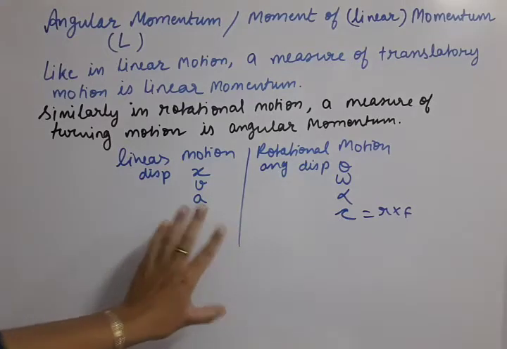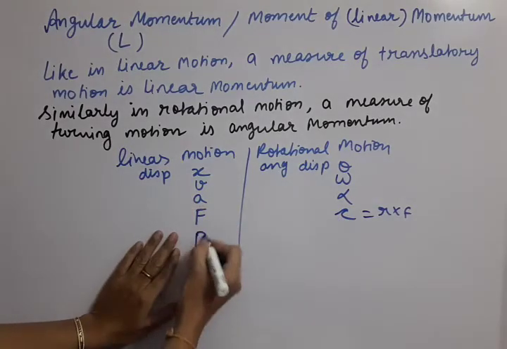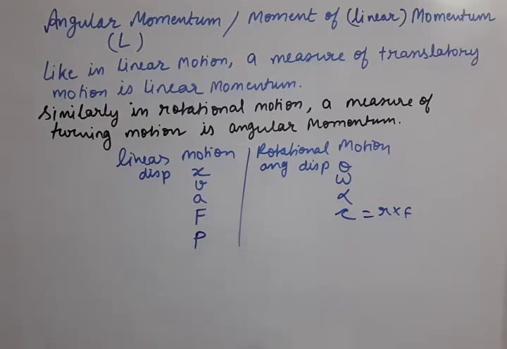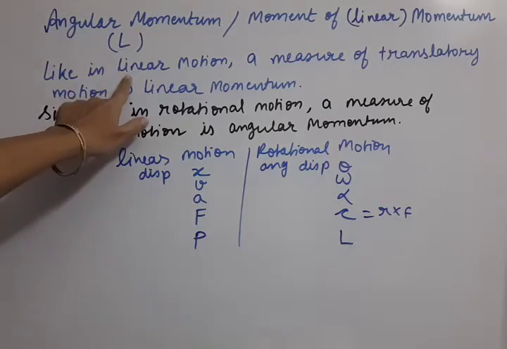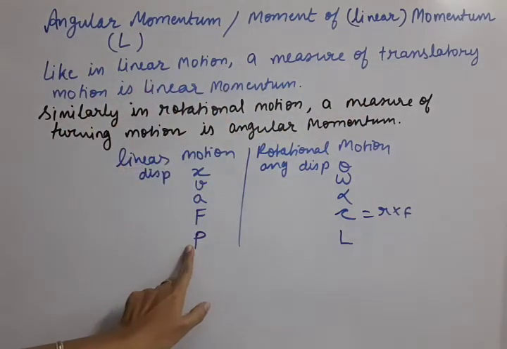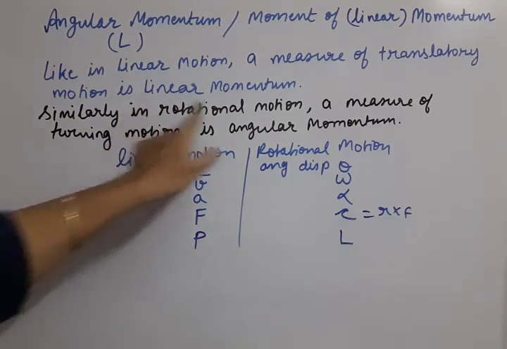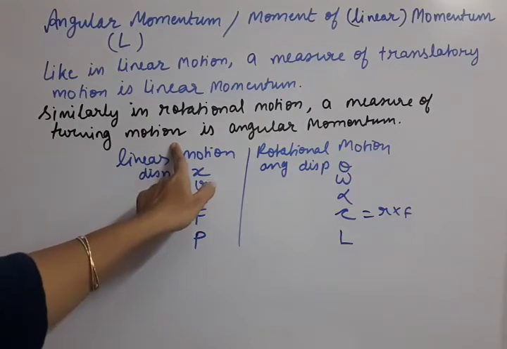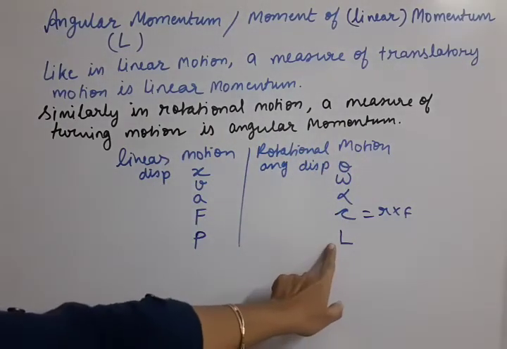In the same manner, momentum is denoted by P and we call it linear momentum, so here the new term is L, angular momentum. In linear motion, the measure of translatory motion is linear momentum. Similarly, in rotational motion, the measure of turning effect is the angular momentum.